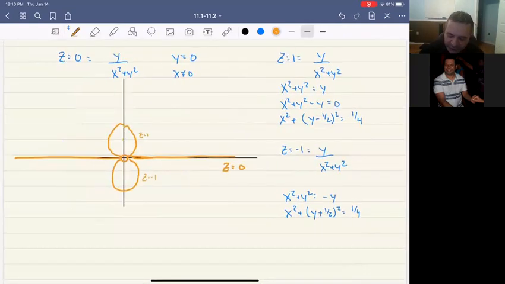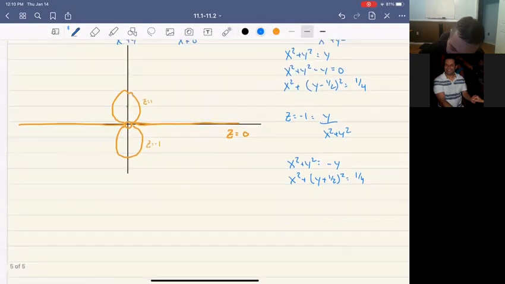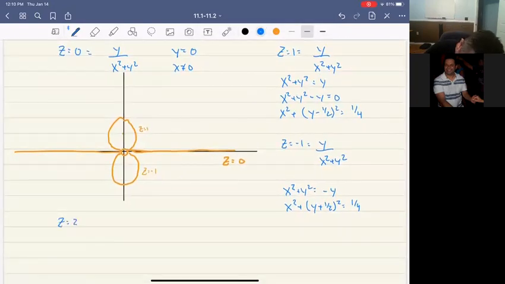Okay, let's try z equals 2. What do you think is going to happen with z equals 2? I think so too, it's going to be a bigger circle. Okay, let's check it out. So with z equals 2, we're going to get x squared plus y squared equals, oh no, I was wrong. It's actually going to be a smaller circle. x squared plus y squared equals 1/2 y.